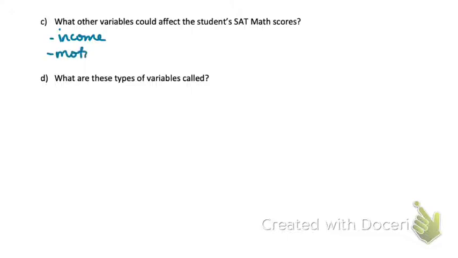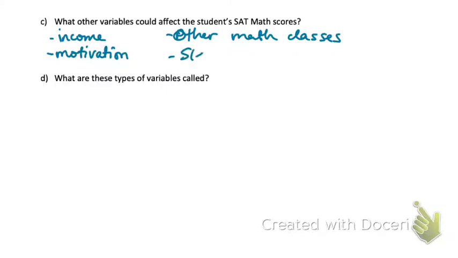Their motivation. What else? What else could influence your SAT math score? If they've taken pre-calculus or algebra. Their other math classes. McKenna? How much sleep they got. Yes, how much sleep they got the night before they took the SAT. What else?